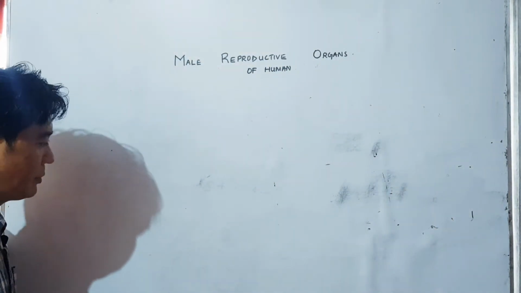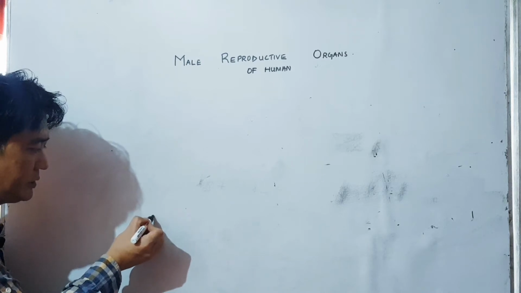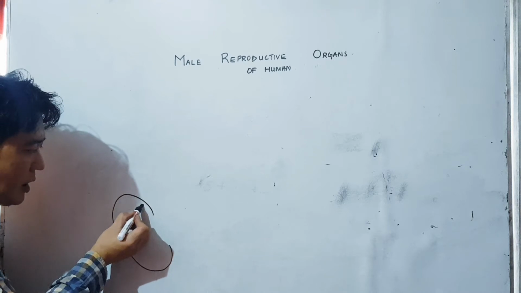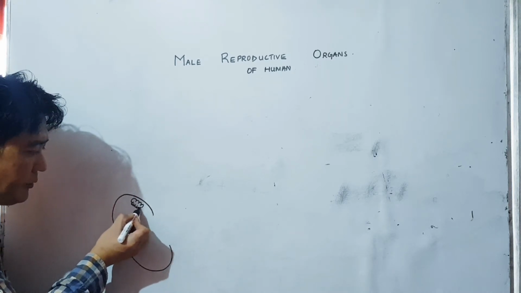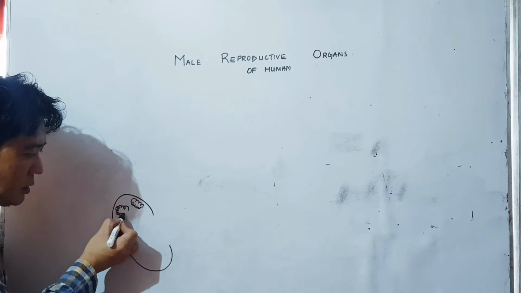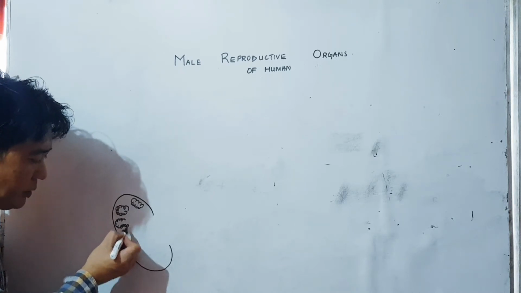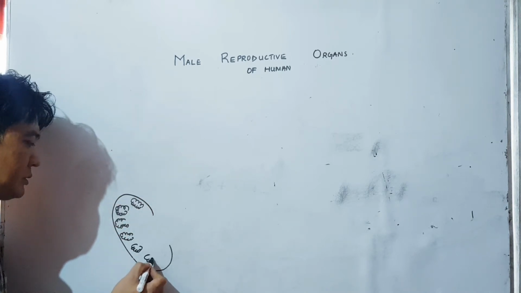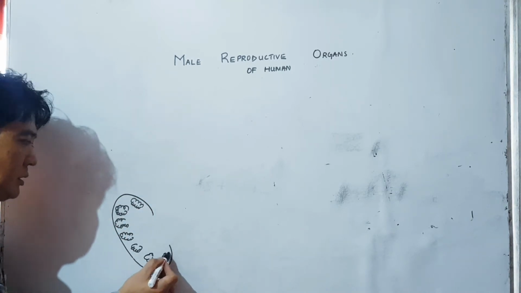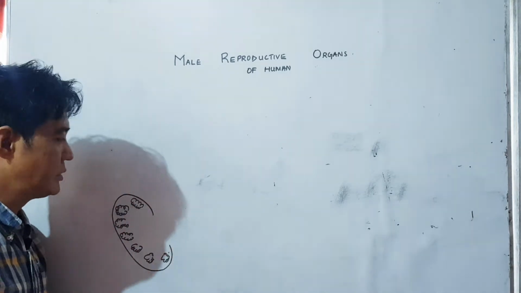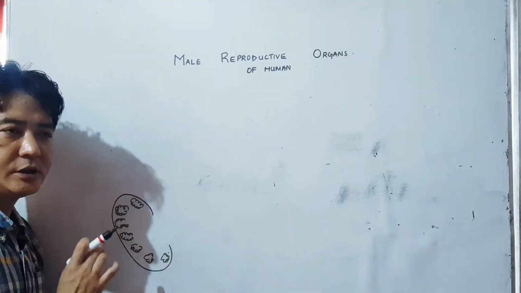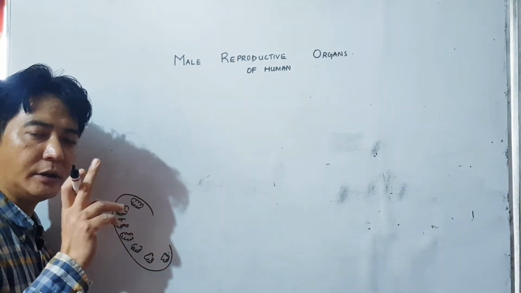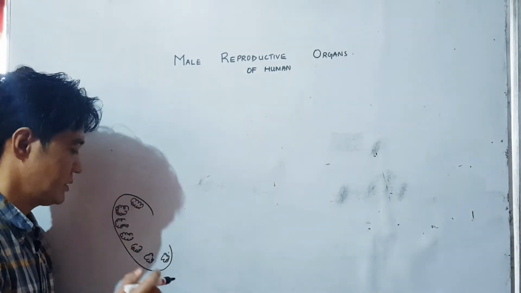Say, for example, this is your testis, which is comprised of highly convoluted tubules, that is seminiferous tubules, which form more than 200 compartments in the testis. And I have already mentioned that these seminiferous tubules are composed of two types of cell, spermatogonia and supporting cells, Sertoli cells.